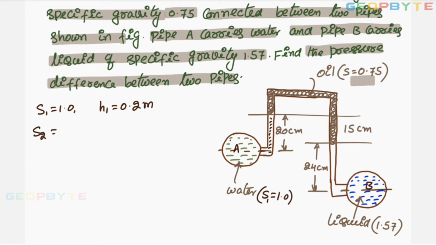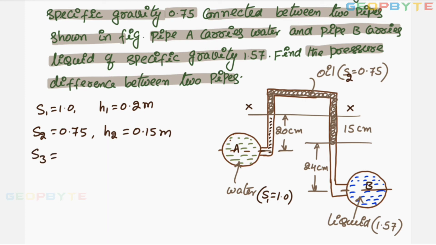Similarly, S2 equal to specific gravity of the oil in the manometer, 0.75, whereas H2 is the height occupied by the manometer fluid with respect to the reference plane XX, 15 centimeters, 0.15 meters.